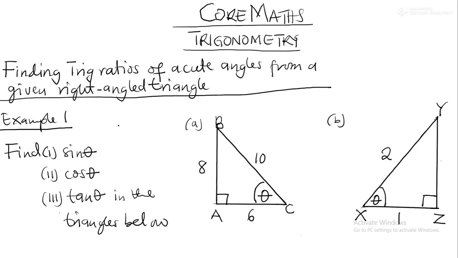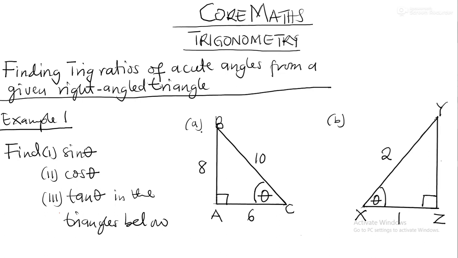Okay, so let's look at our first example. So the question is, find sine theta, cos theta, tan theta in the triangles below. So we've been given some triangles, two of them, and we have to look for the basic trig ratios in relation to the triangles. Okay, so let's quickly look at that and see how we can find the trig ratios.